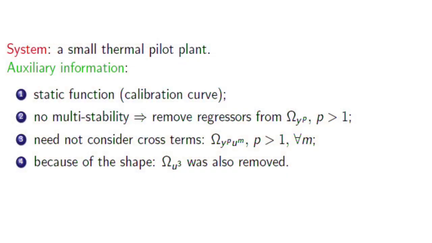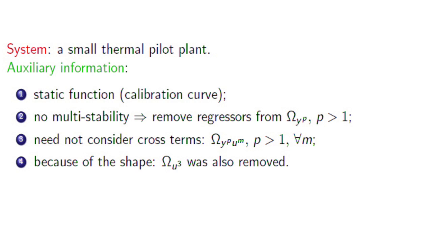When I'm going to build a model, when I'm going to choose the structure, I just go to all the candidates, and I remove every single group, or as I call them, clusters of terms that have P greater than 1. It could be just single output terms, it could be cross terms. If P is greater than 1, I don't have to consider them, I remove them, okay?